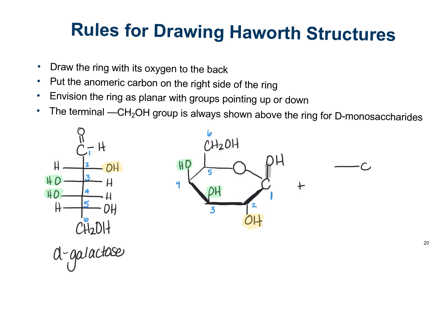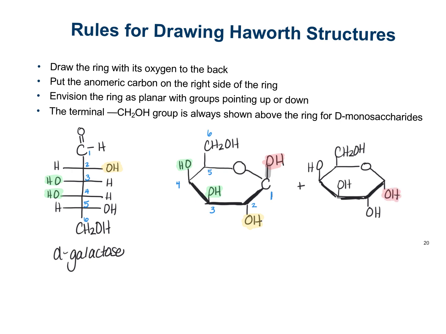And so if we were to draw the other anomer of this, it would look like this, where this guy is up and this guy is down.